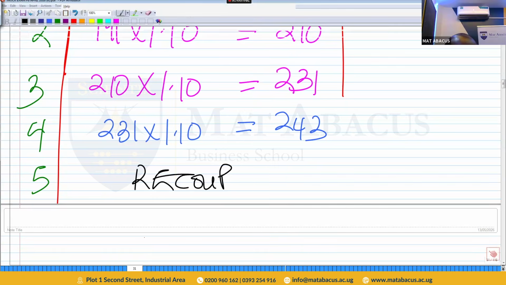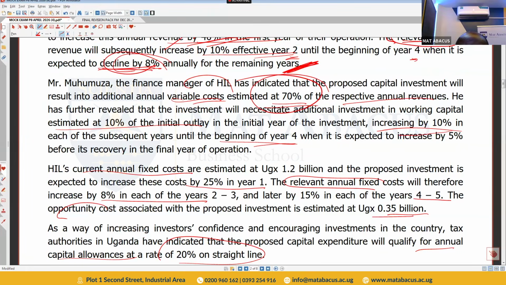But just to confirm whether we are right, read again. Working capital, investment in working capital, estimated at 10%. We have done that in the initial year, increasing by 10% in each of the subsequent years until the beginning of year 4, when it is expected to increase by 5%.